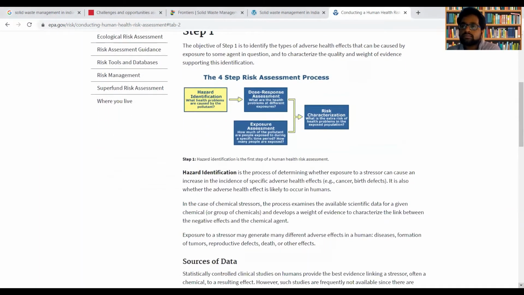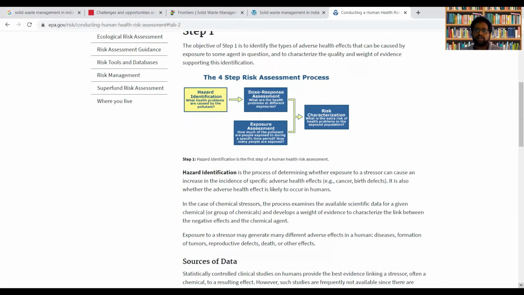So for human health risk assessment, the first step is known as hazard identification. Hazard identification is the process of determining whether exposure to a stressor can cause any increase in the incidence of specific adverse health effects.